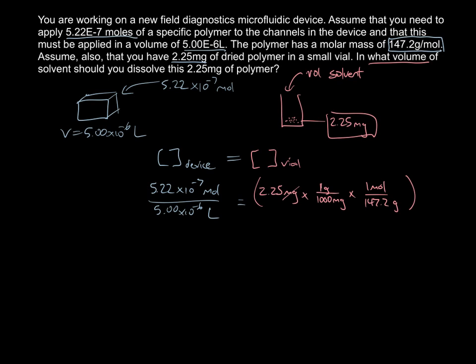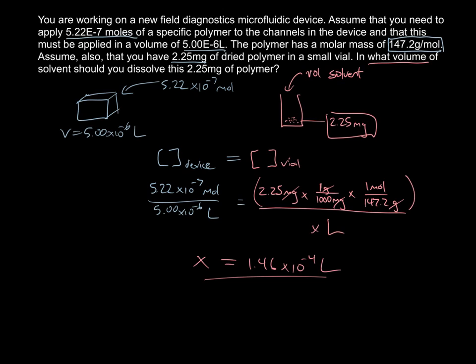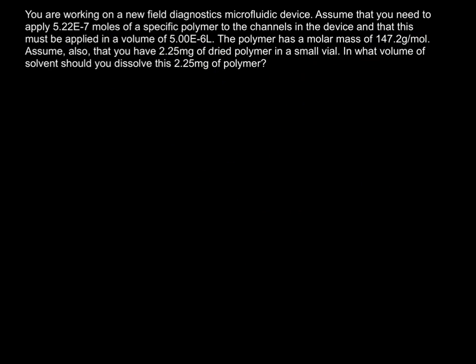This term will simplify to just be the moles of our polymer. And that is over the amount of solvent we're adding, which is our unknown. I'm just going to call that X liters of solvent here. This can be solved just like any other proportion. When you solve for X, you should get about 1.46 times 10 to the negative 4th liters. And that's our answer.